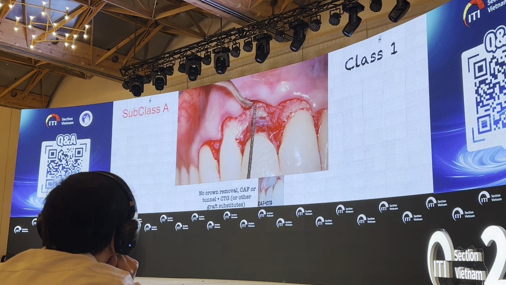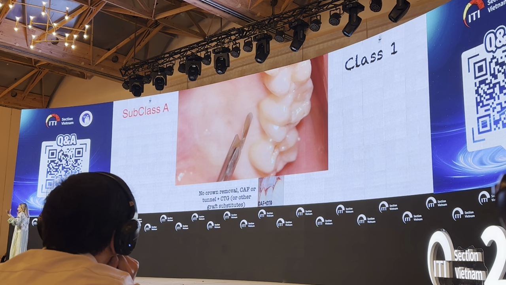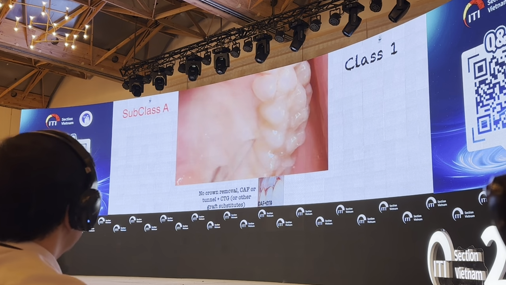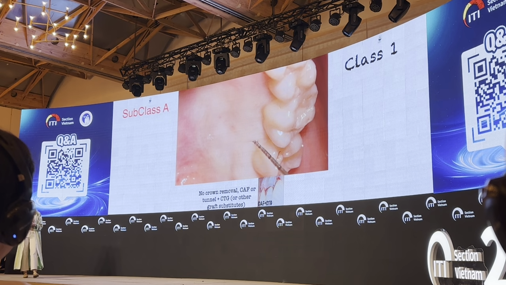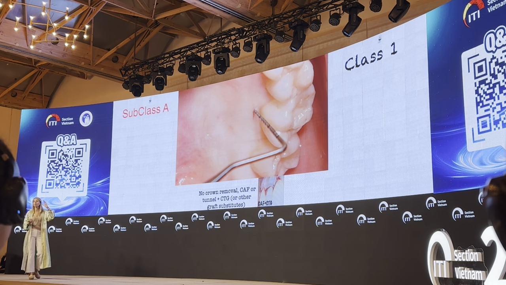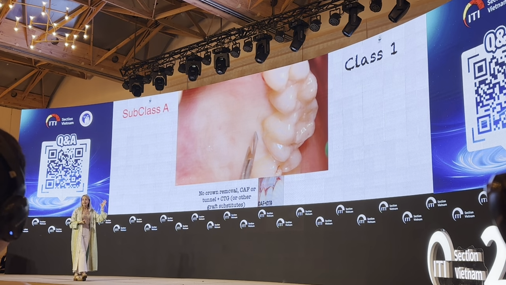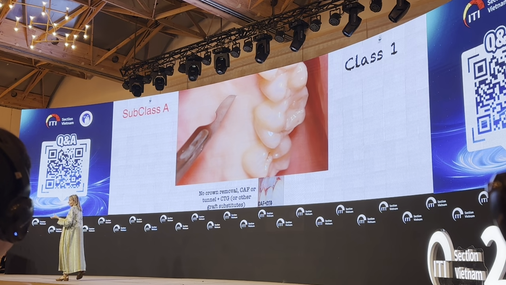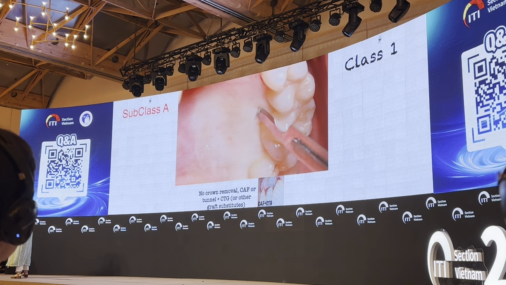So this is exactly what I did in that case. I raised my split thickness flap, obtaining complete passivity of the flap that is going to cover the connective tissue graft, because at the beginning the position of the mucosal margin was in the right position, so I didn't have to coronally advance to cover something.